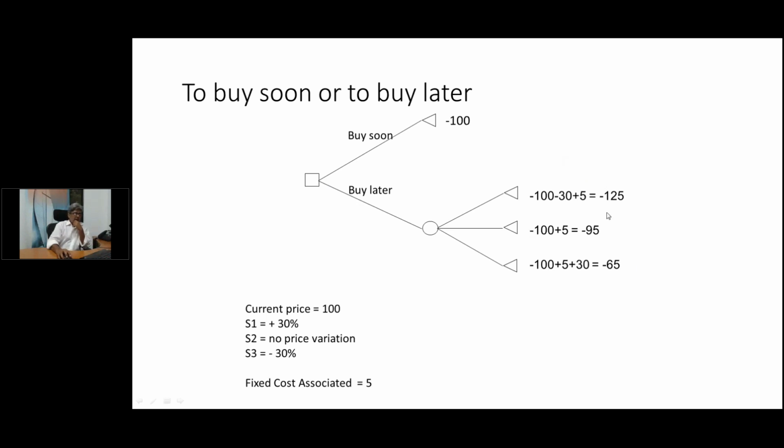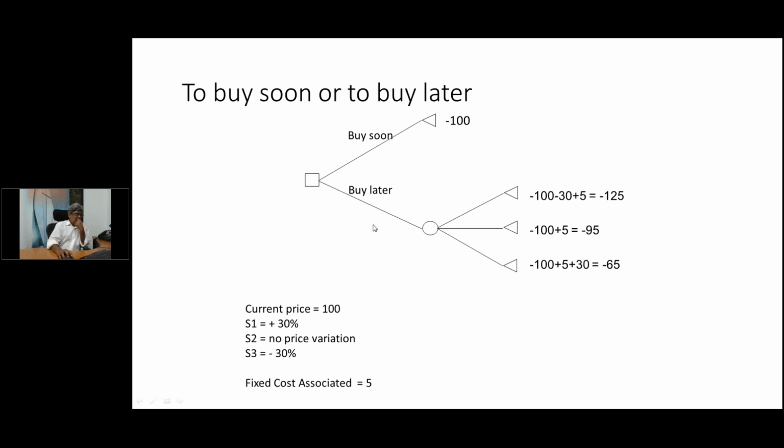There are certain chances that something happens to the price, and there are three outcomes: if you buy later, the price is raised by 30%, or there is no difference and it remains 100%, or the price is down by 30%. And the fixed cost associated with this particular buying is ₹5.